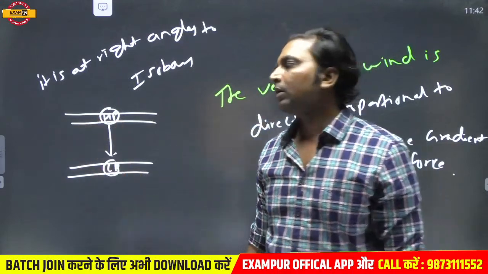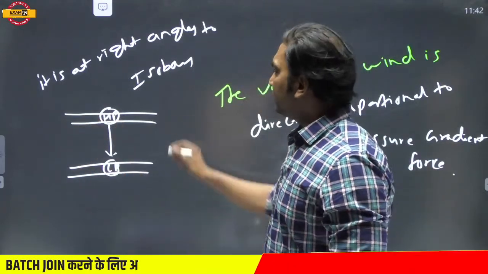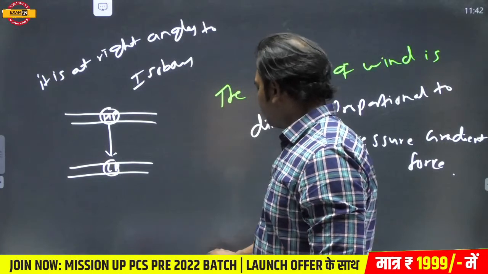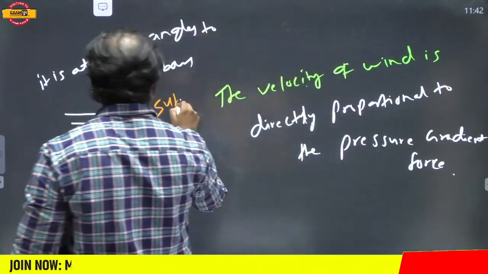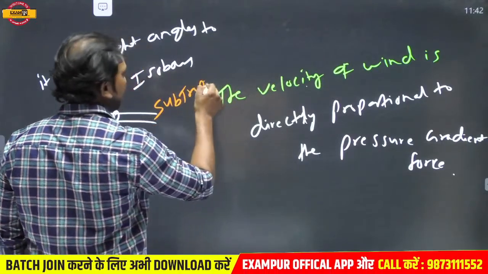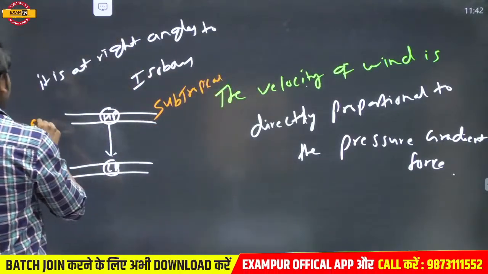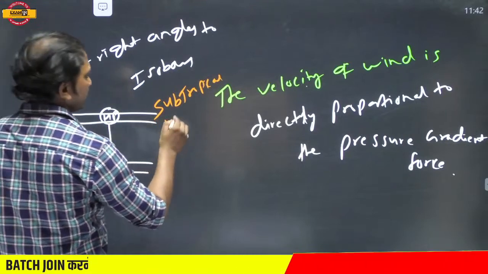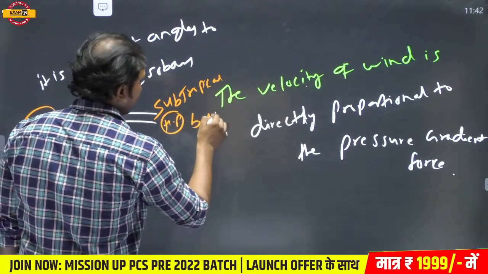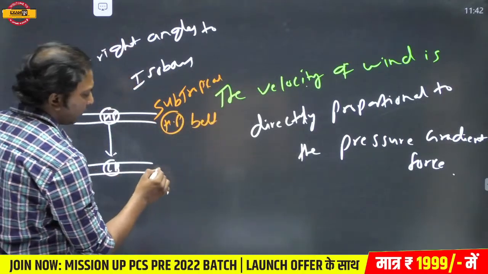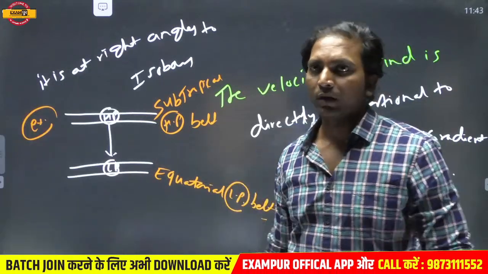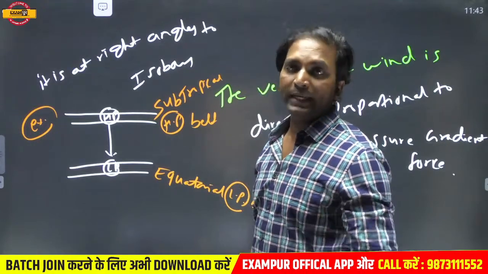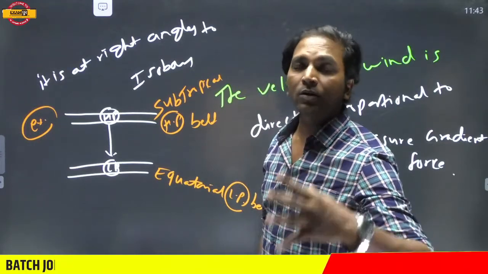Now I am giving you a concept of how the permanent winds blow in a constant direction. Let's see. Suppose this one is a subtropical high pressure belt, and this side is the equatorial low pressure belt. So what about the direction of the trade winds, which blow in a constant direction?